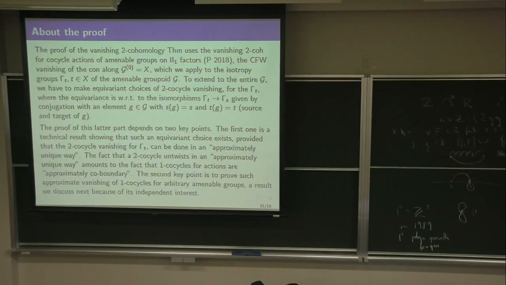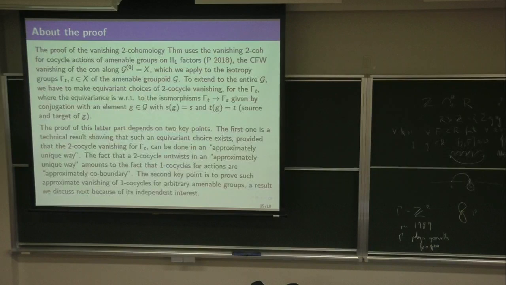Untwisting in an approximately unique way really amounts to the following. Untwisting a two cocycle, you remember, means writing it as the derivative of a one cochain. Saying that you have a unique such solution is like saying that any two of those will differ by a one cocycle.